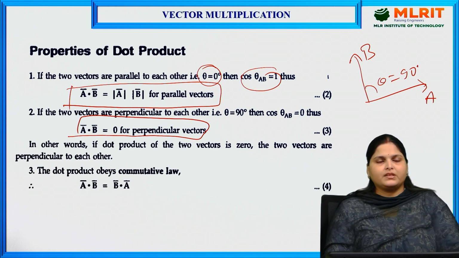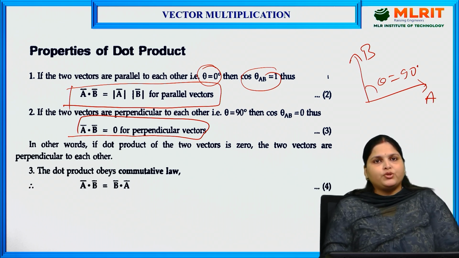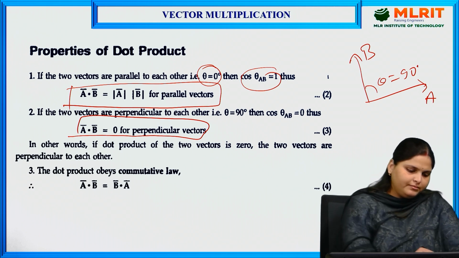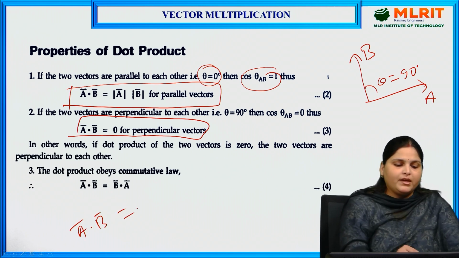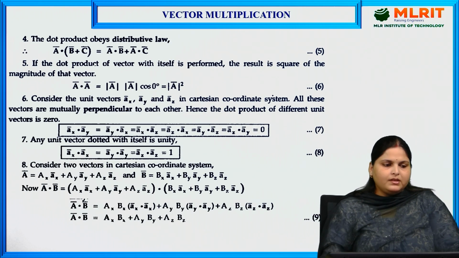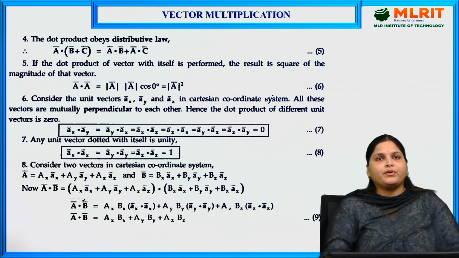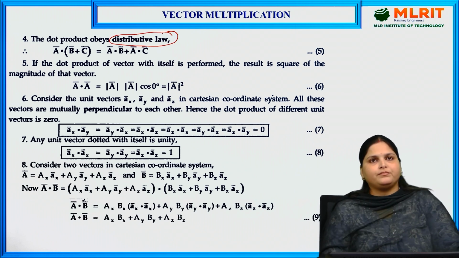The third property is that the dot product obeys the commutative law, which means the value of A dot B is equal to B dot A. The next property is that the dot product obeys the distributive law.